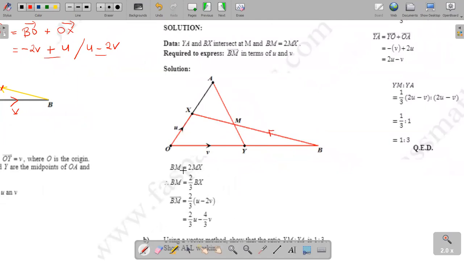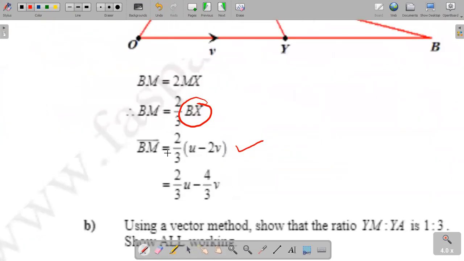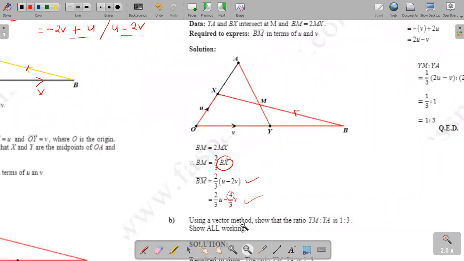BM is 2MX, which is 2/3 of BX, 2/3 of the line. And we done got BX already. So it's just 2/3 of this. To be honest, if you leave it like this, you will get your mark, but CXC just wants you to expand the brackets. So you say 2/3 of U is 2/3 U, minus 2/3 of 2V. 2 times 2 is 4. That's how they get 4, and you put it over 3. I realize everything we used before is just coming back together.